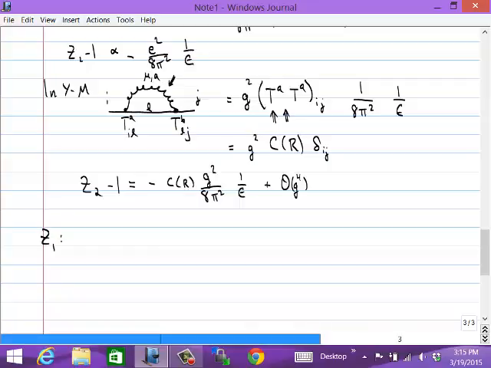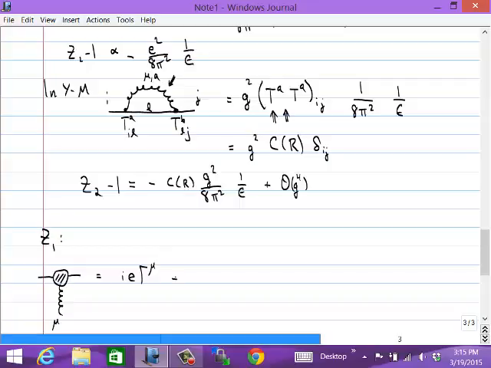Z1 was the coupling constant normalization. And so remember the coupling constant, we sometimes represented it like this in electromagnetism. So in electromagnetism, we called this i e gamma mu.